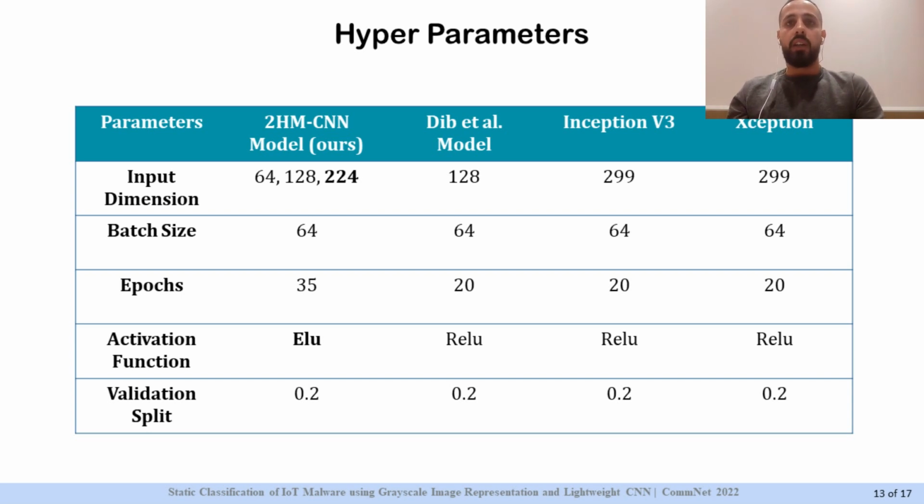We used cross-validation to handle the problem of imbalanced data sets. We applied the ELU activation function as it leads to lower training times and higher accuracies compared to ReLU. We ran all our experiments using platform as a service, which provided us with a good machine that has high computing power.